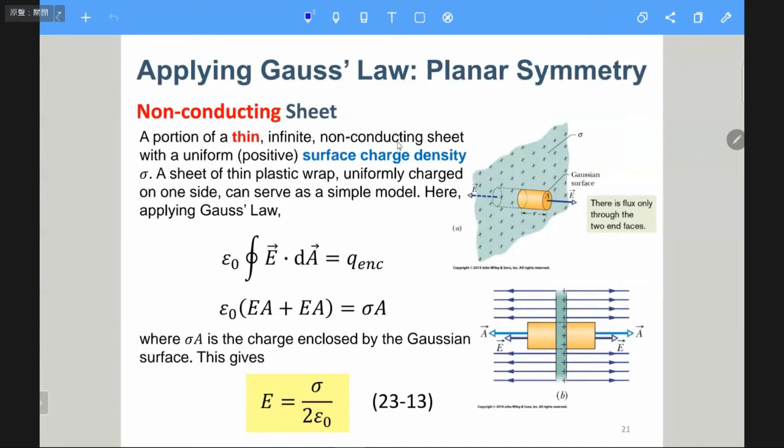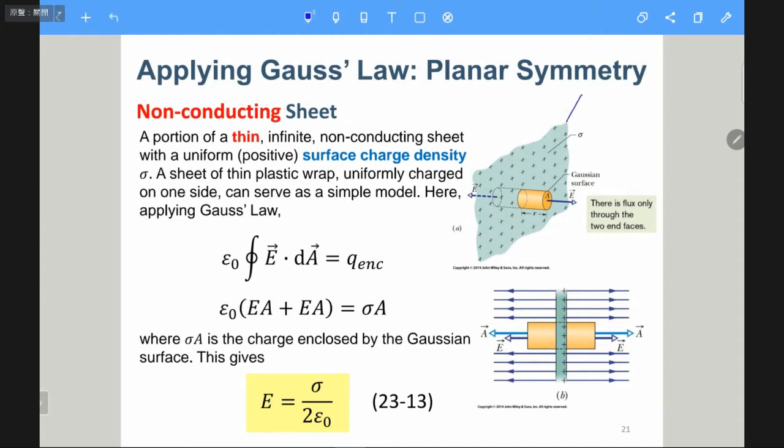Conducting or non-conducting is not very important; even for a conducting sheet it is still okay. But the point here is that it is thin, with a uniform positive surface charge density, sigma.